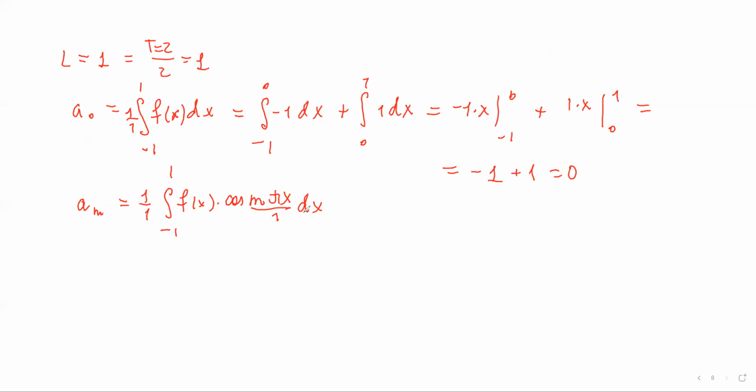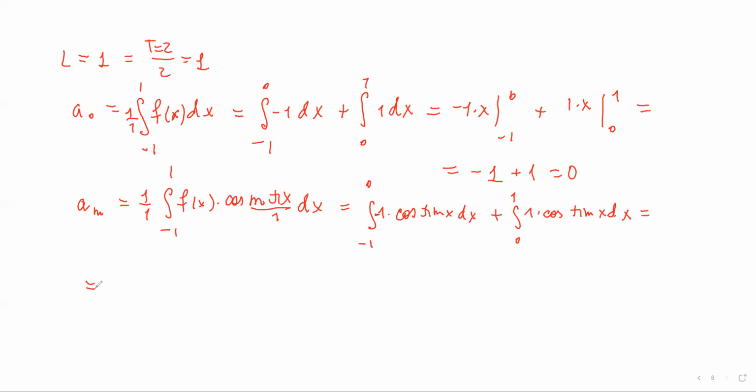So what I have again, two integrals, right? Integral from minus 1 to 0 of minus 1 times cosine of pi m x dx, plus integral from 0 to 1 of 1 times cosine of pi m x dx.